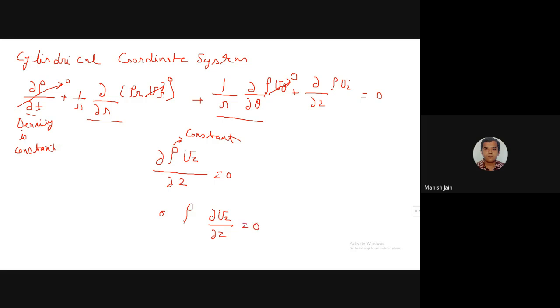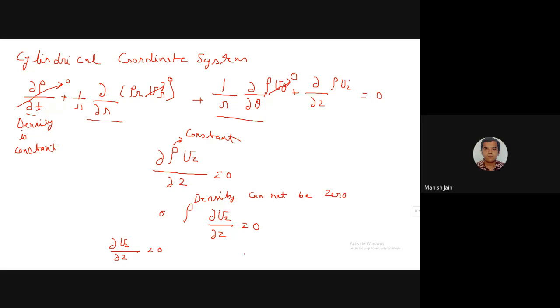Now in this equation, density cannot be 0. Density is a physical quantity. For any physical fluid, density is positive. It cannot be 0. So you will end up with del Vz by del z equal to 0.